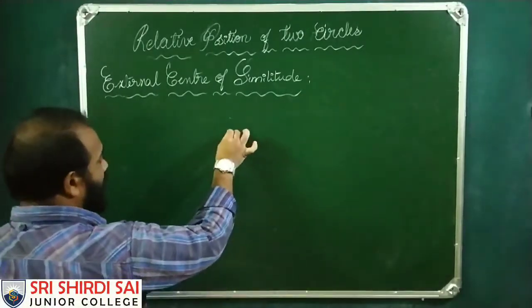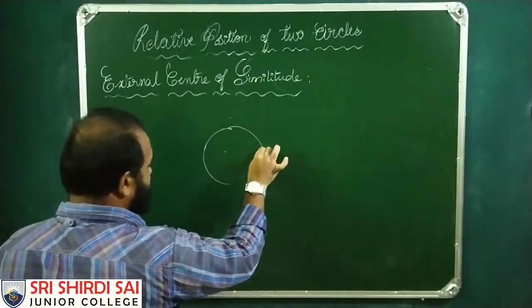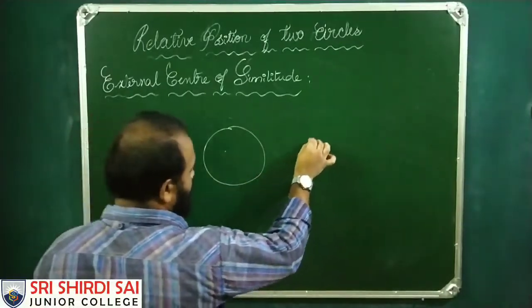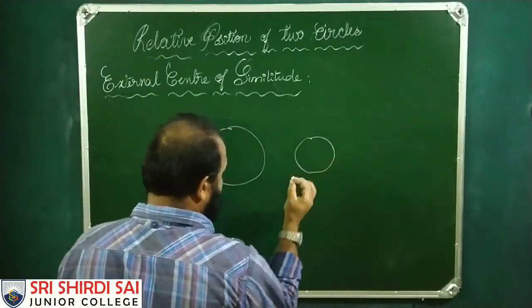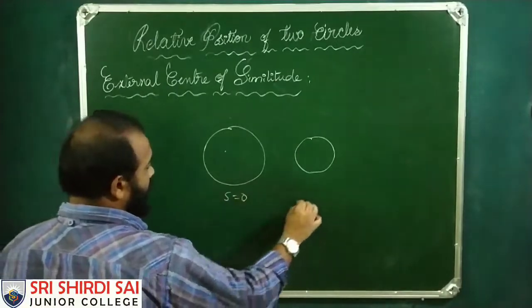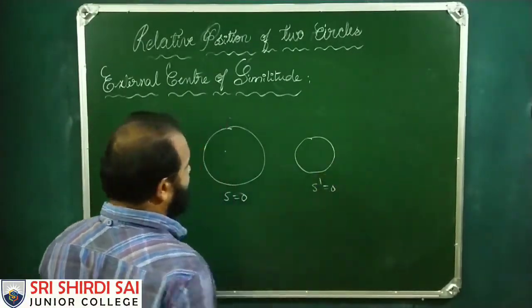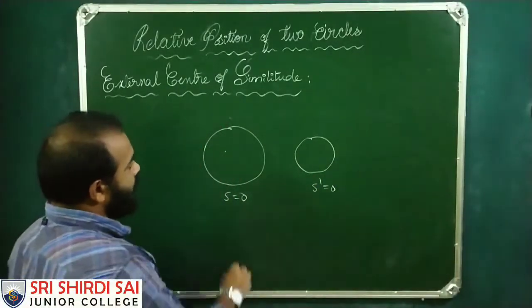So let us take two circles. This is S equals 0 and this is S' equals 0.